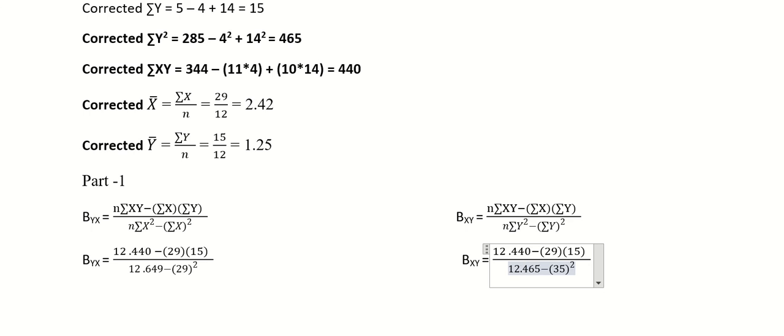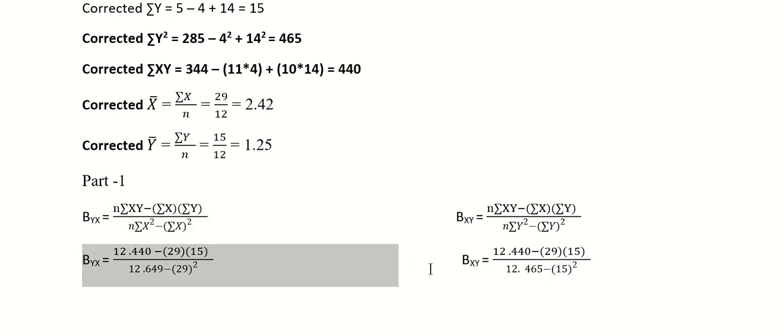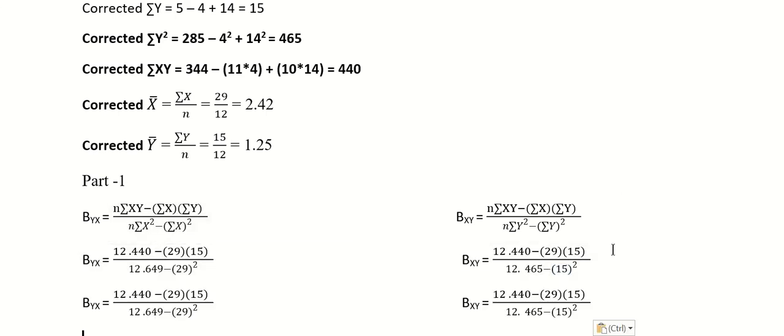These are the values given to us. Then minus summation of y. Summation of y is 15. So 15 square. Now we will just solve it. So 12 into 440 is 5280.